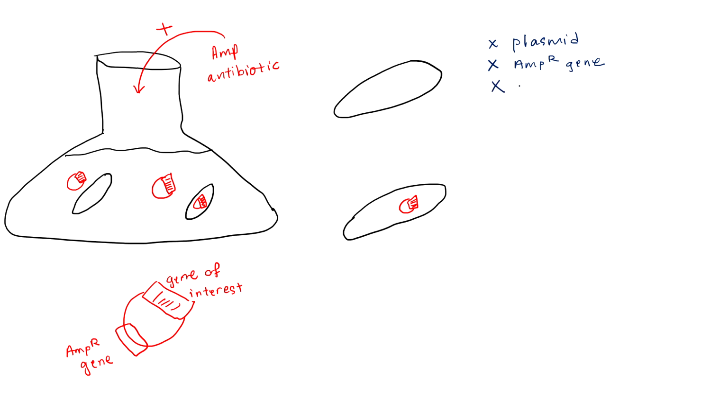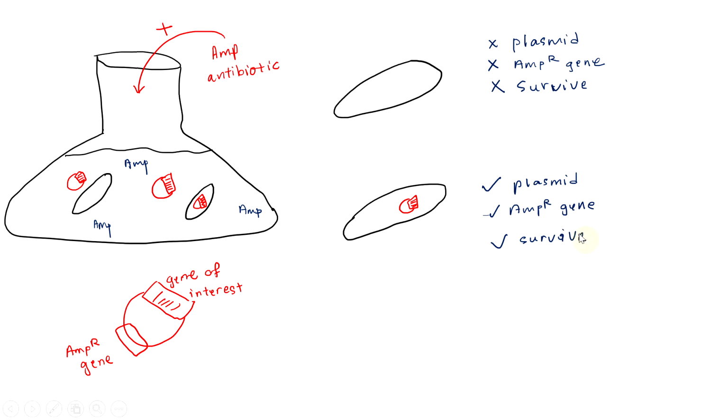Cannot, so they cannot survive, since these solutions contain ampicillin. And this type of bacteria that have successfully taken up the plasmid, that have the ampicillin resistance gene, they can survive.